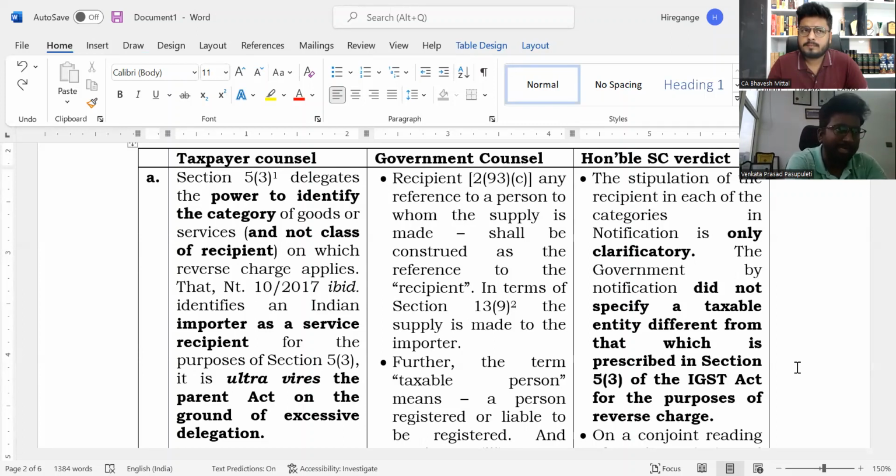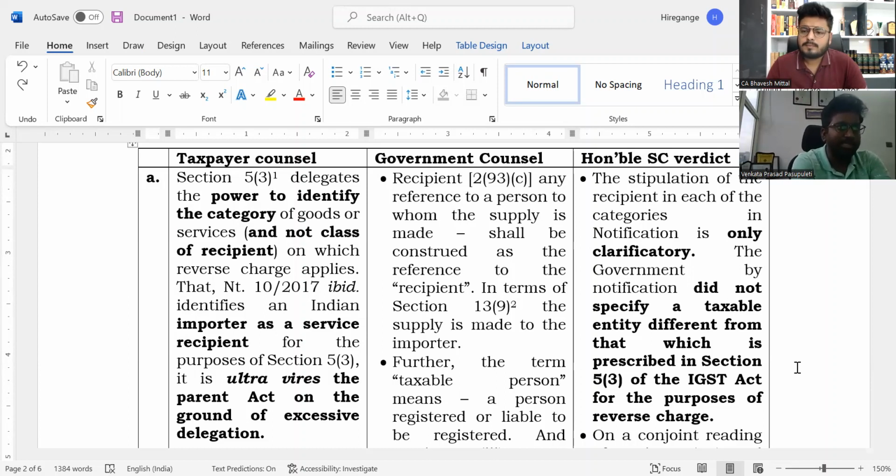Thereby IGST has already been paid at the time of import, and asking the same importer again on the same import transaction, by vivisecting one leg or one component of the import transaction and saying that this is different and you again have to pay GST, leads to double taxation. Even if it is double taxation, that cannot be done by way of notification, the notification being delegated legislation.